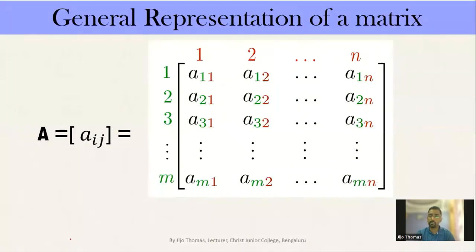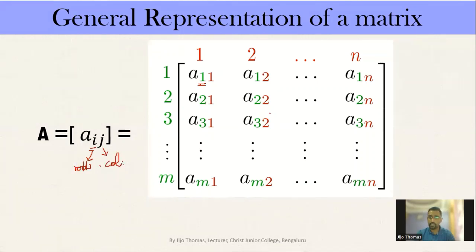For the general representation of a matrix, we use the letter A with suffix ij. Ij stands for the row and column numbers. Here, i stands for the position, the row in which the element is present, and j stands for the column in which the element is there.